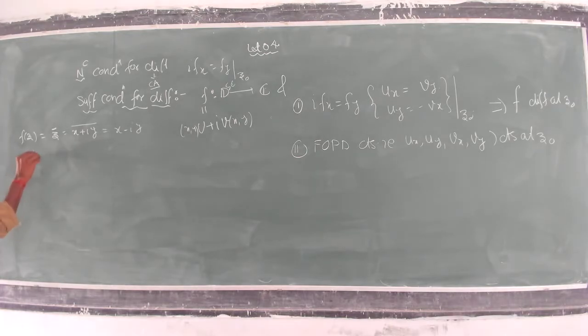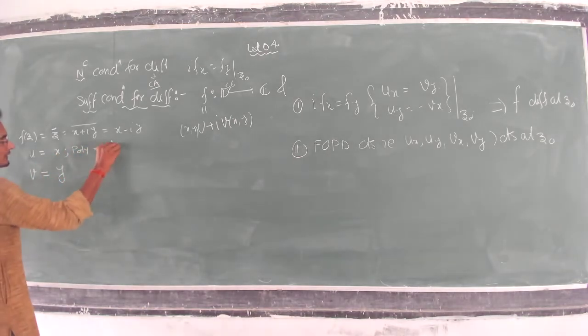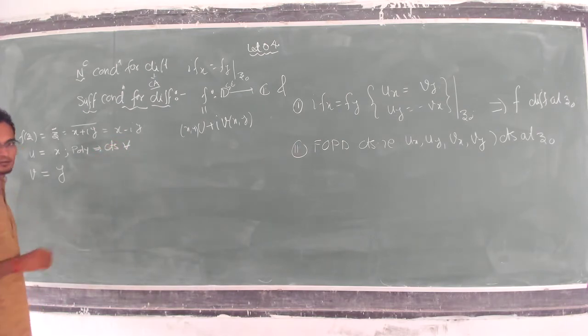So here u is equal to x and v is equal to minus y. Now u is equal to x, a polynomial, therefore continuous everywhere.